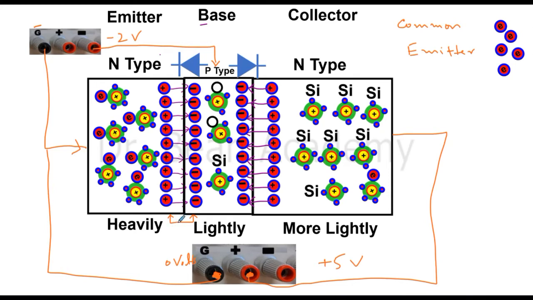So let's see. The base, which is p type, is connected with negative, so I always show -2 at the lower level, and the next is at ground. So ground is at higher, and then I represent positive voltages, V positive. It means current will always flow from -2 to the ground.